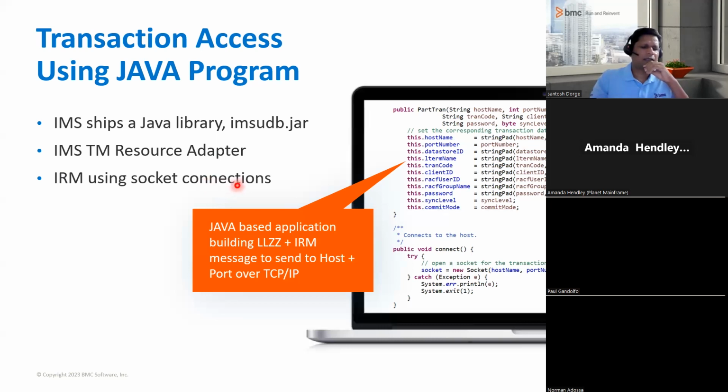So it's completely customizable, wherein the standard fixed format of the IRM can be followed by LLZZ data, which will be the specific or customized formats, and IMS Connect will still handle it.